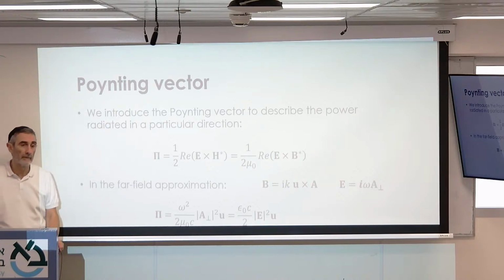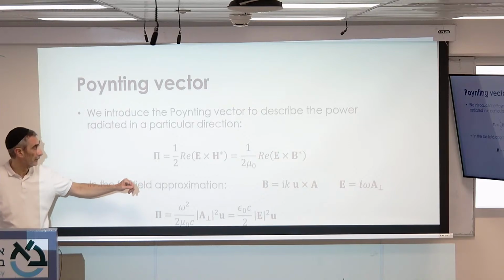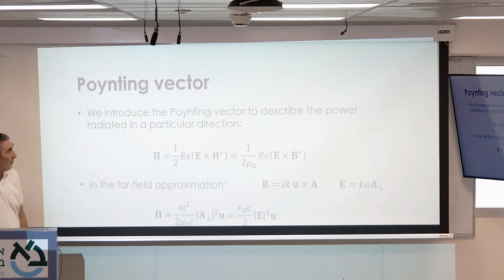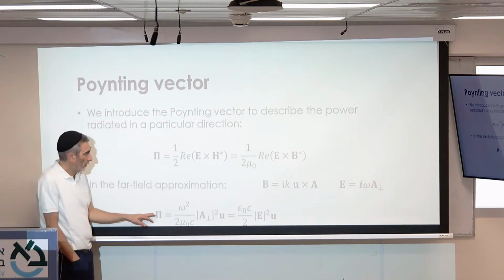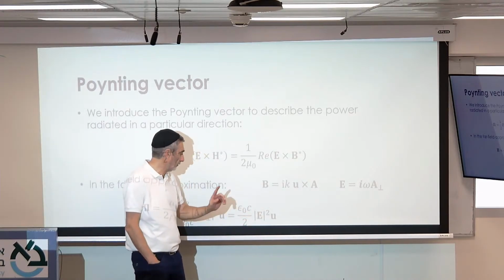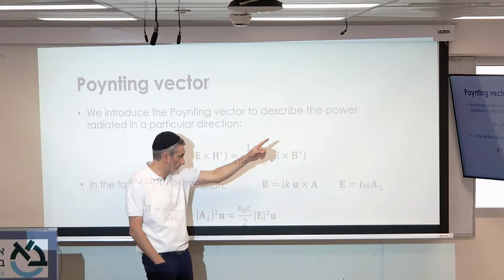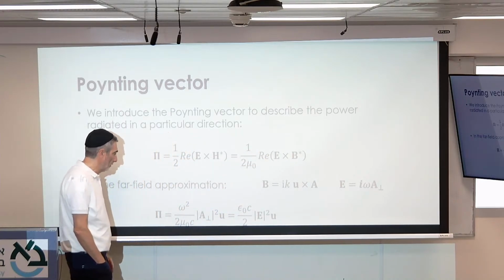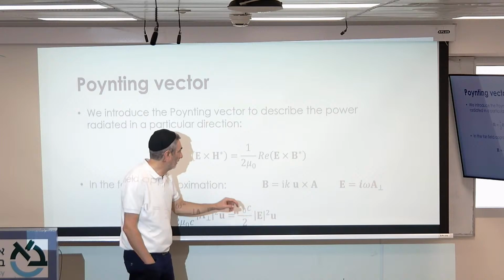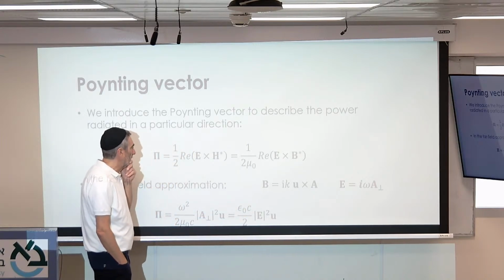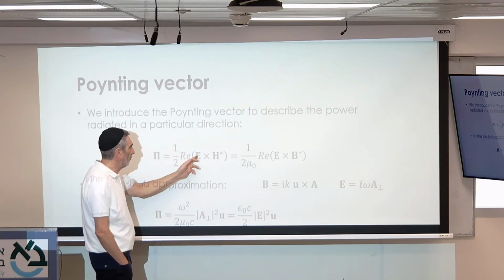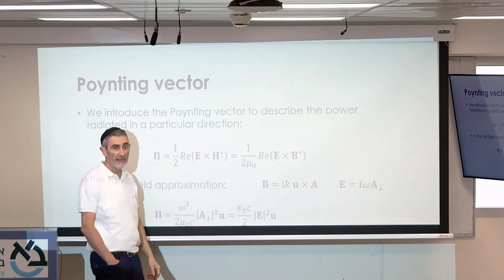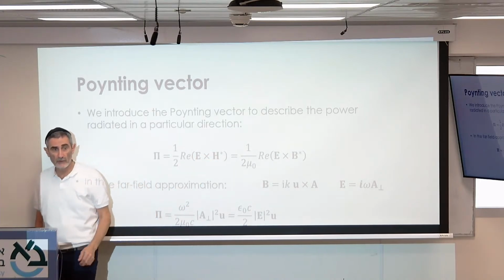Why do you add the star on the H and the B? Because this way you get rid of the time component, the exponential of i omega t.